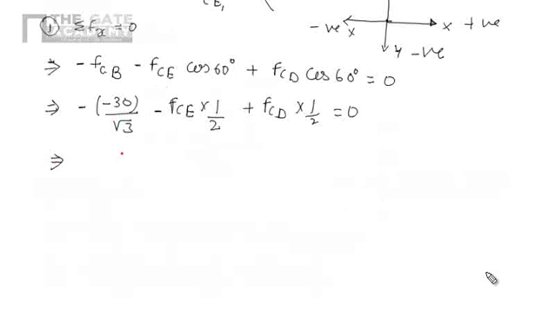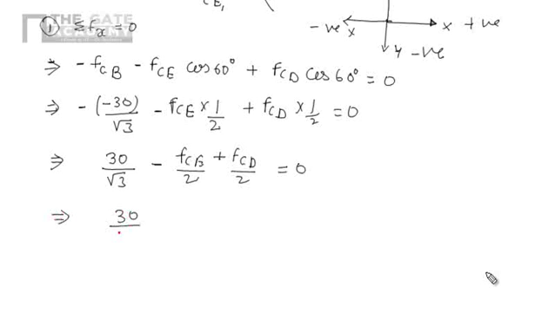So we are having 30 by root 3 minus FCE by 2 plus FCD by 2 equals 0.